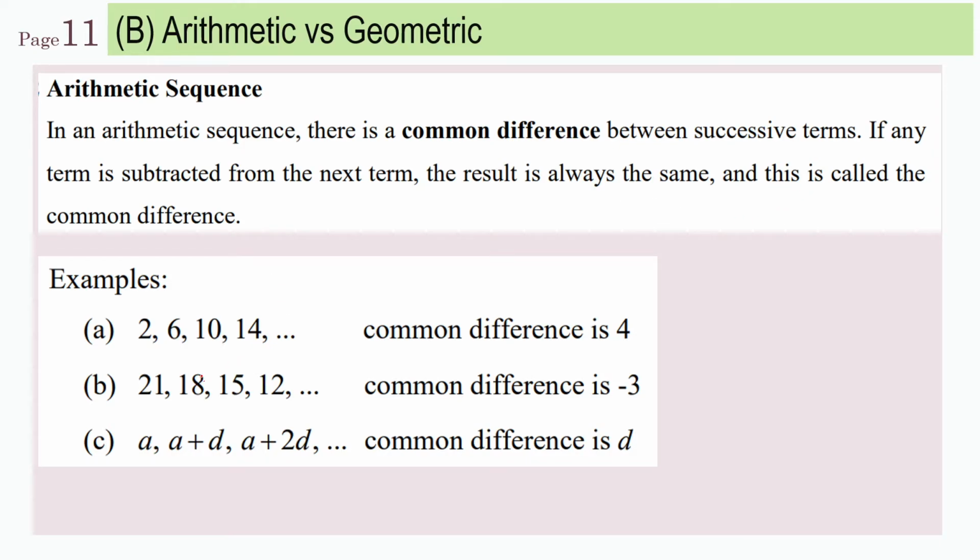So if you see a sequence with increasing numbers, 2, 6, 10, 14, 18, 22, that means your common difference must be a positive number. If your common difference is a negative number, you can notice your sequence is decreasing.